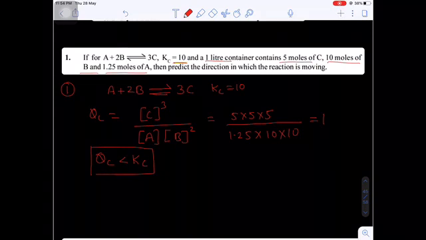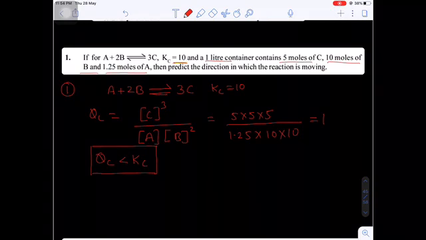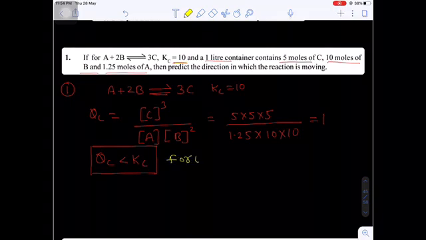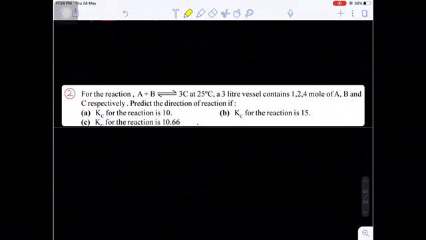Qc less than Kc means the reaction proceeds in the forward direction, because the Kc value is very high. When the Kc value is very high, the reaction tends to move in the forward direction. The direction of the system is very important.